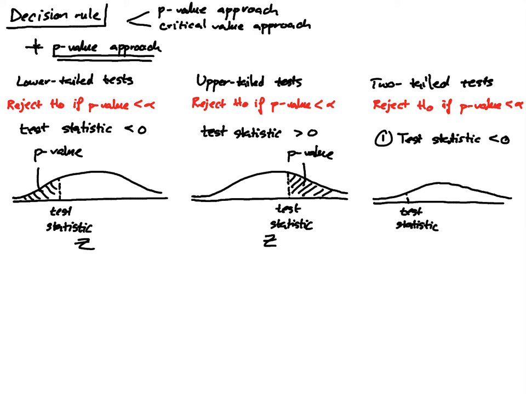So suppose, for example, if your test statistic is negative 2.25, right, then the negative of this number is positive 2.25. Okay, once you have done that, the p-value is going to be the sum of the two outside areas.